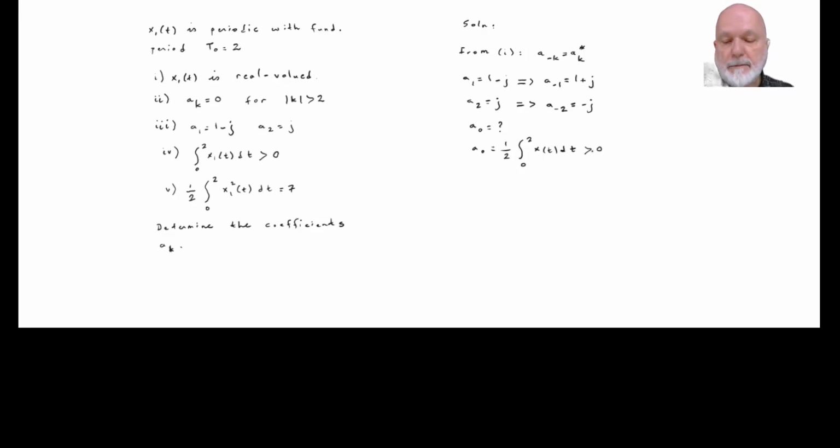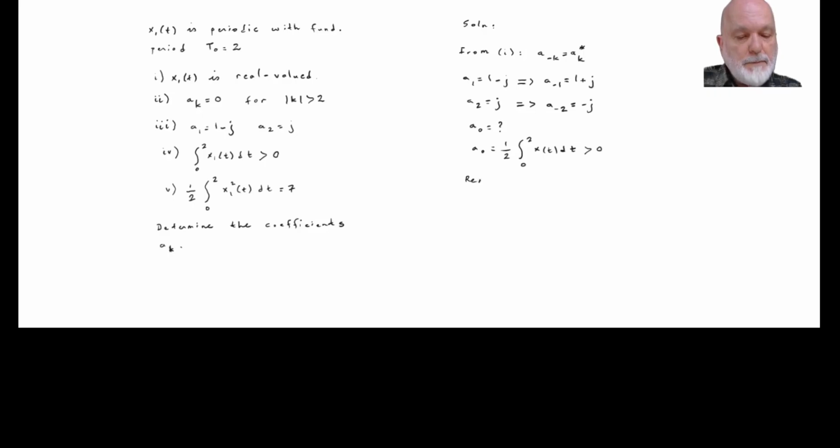Okay. Now, item 5 is an expression related to the integral of the square of the signal over a period. And we remember Parseval's identity.